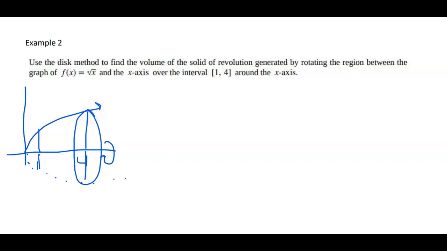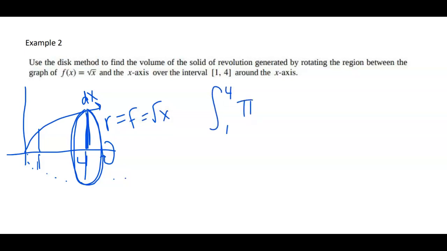All right, so that disk has a thickness of dx and a radius of f of x, which is the square root of x. So to find the volume, I'm going to integrate from 1 to 4 pi r squared, square root of x squared dx. Now this one is not nearly as yucky.